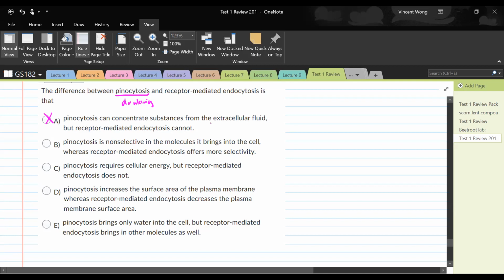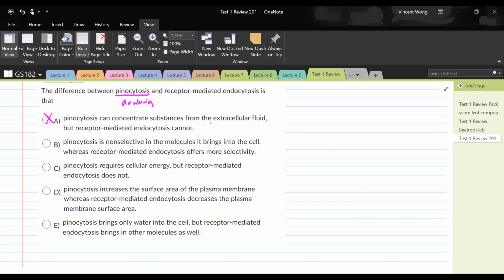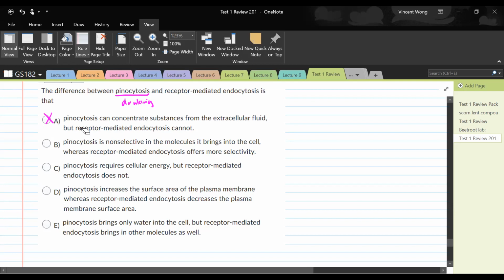Yes, you're drinking the water, but you might bring in other impurities as well. Or think about drinking bubble tea. I don't know if you guys have had that before. If you drink the liquid, you might bring in some chunks of solid as well. So it's not really selective. Whereas receptor-mediated endocytosis offers more selectivity. Well, that's exactly what I told you earlier.